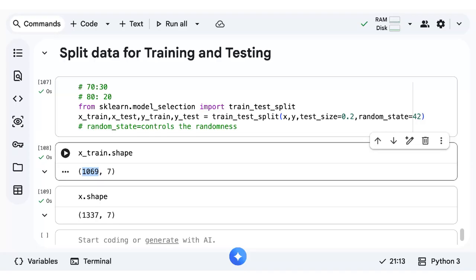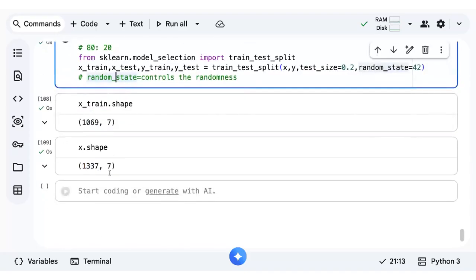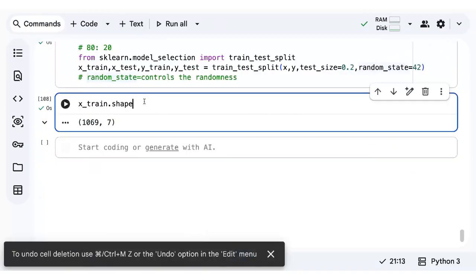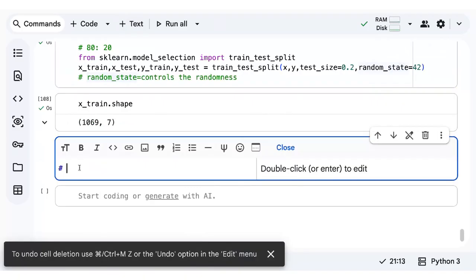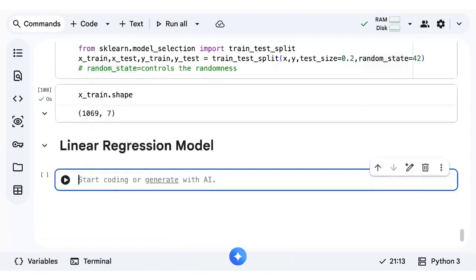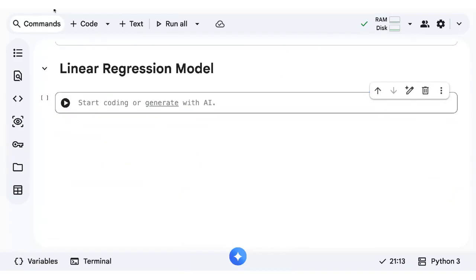Once you split your data for training and testing, now you are ready. Now it's time to build a linear regression model. You know what is linear regression? It's used to find a linear relationship between dependent and independent variables. Since we have multiple variables, it's a multilinear regression concept.